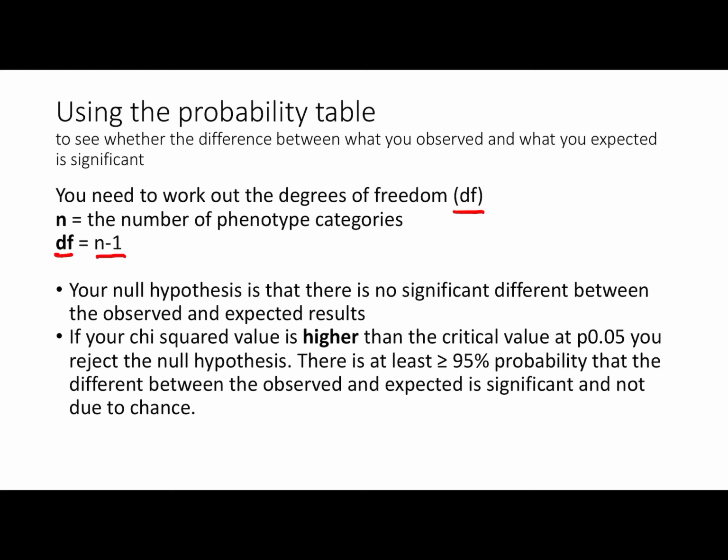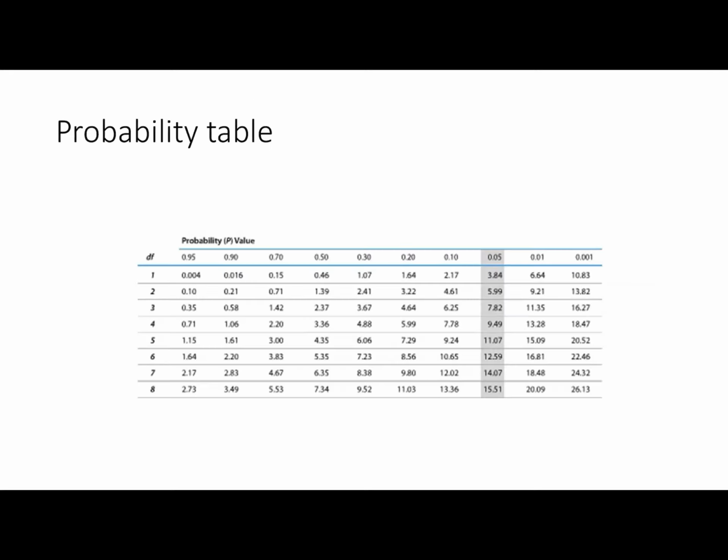Okay, so we also need to know what our critical value is. So on this probability table, we're going to look at the probability of 0.05. This means we're 95% confident that if the number for chi-squared is higher than this critical value, then we can be 95% sure that there's definitely a difference between what we observed and what we expected.